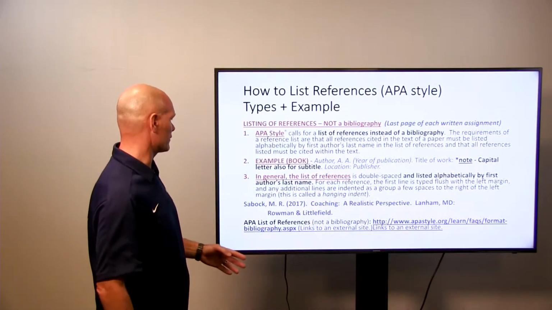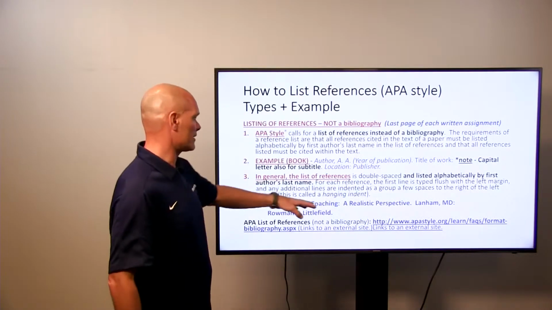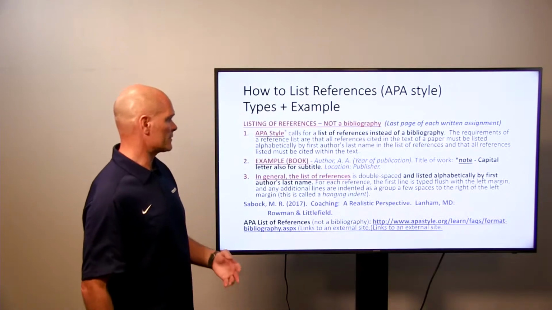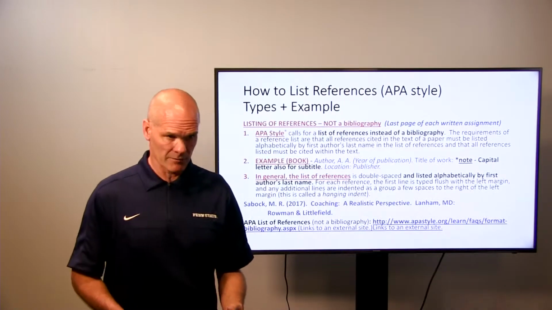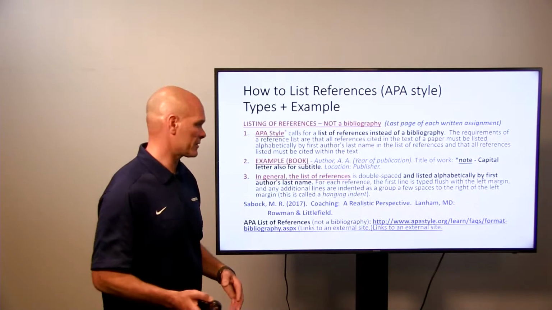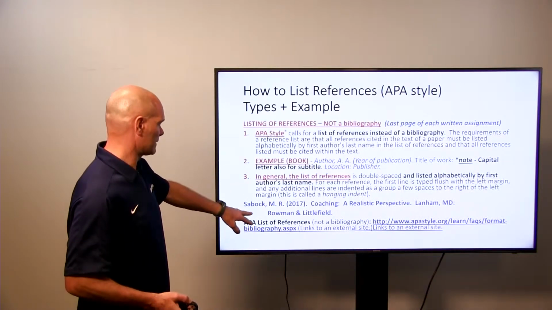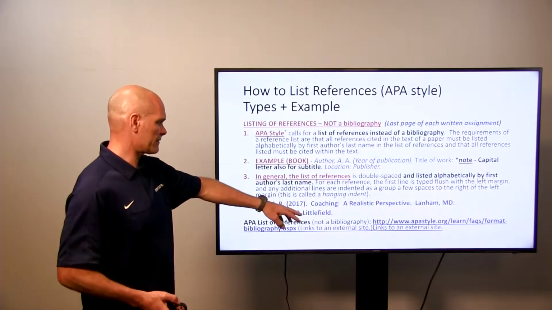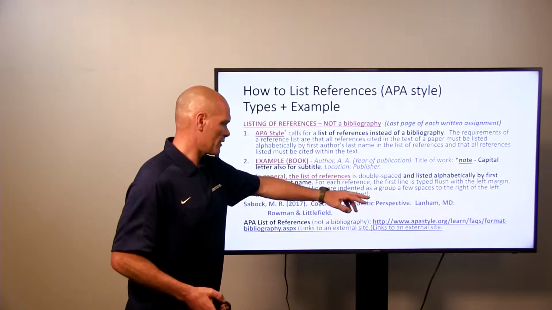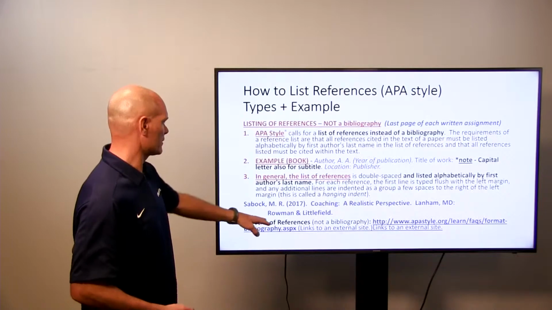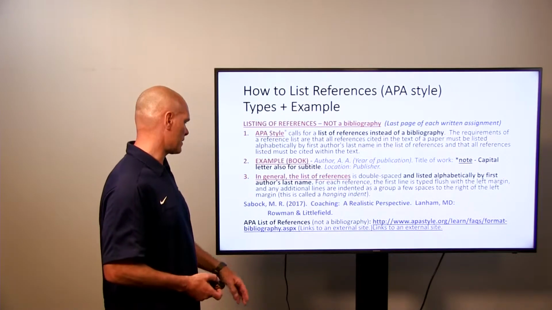There's a note there if you're doing subtitles, those are in caps too. And then you simply do the location of the publisher and the name of the publisher. So here's the textbook: Sabic, M. R., 2017, Coaching, A Realistic Perspective, Lanham, Maryland, Roman and Littlefield, that's the publisher.